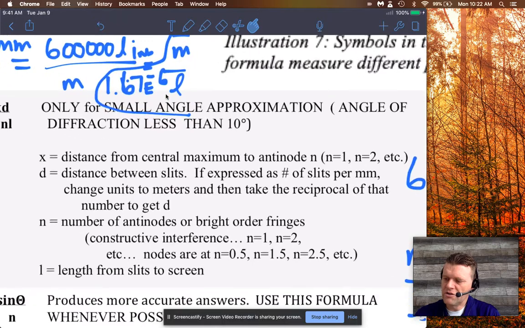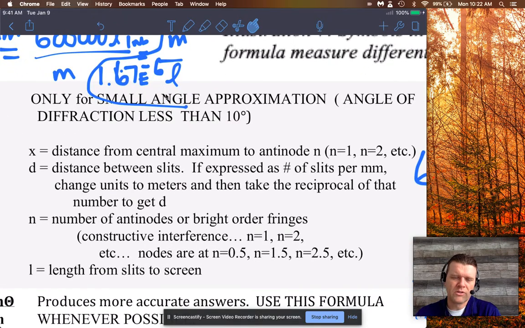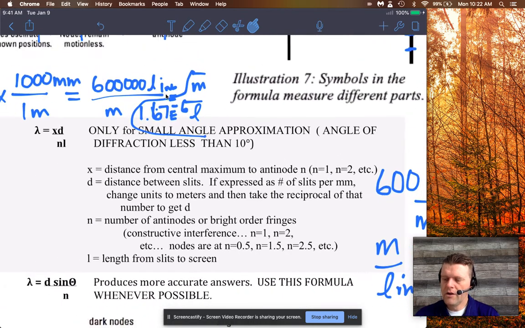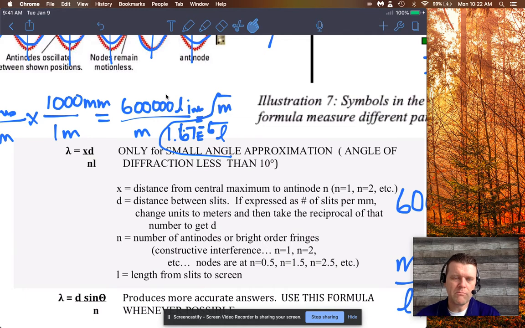N, I don't think N is too bad. You typically use whole numbers. I did make the note that if you're dealing with nodes, then those would be on the halves, and the distance from the central maximum. So N equals 0.5, 1.5, 2.5, and so on. And then L is just the length from the slits to the screen. Okay. Notably, everything's going to come out in meters.